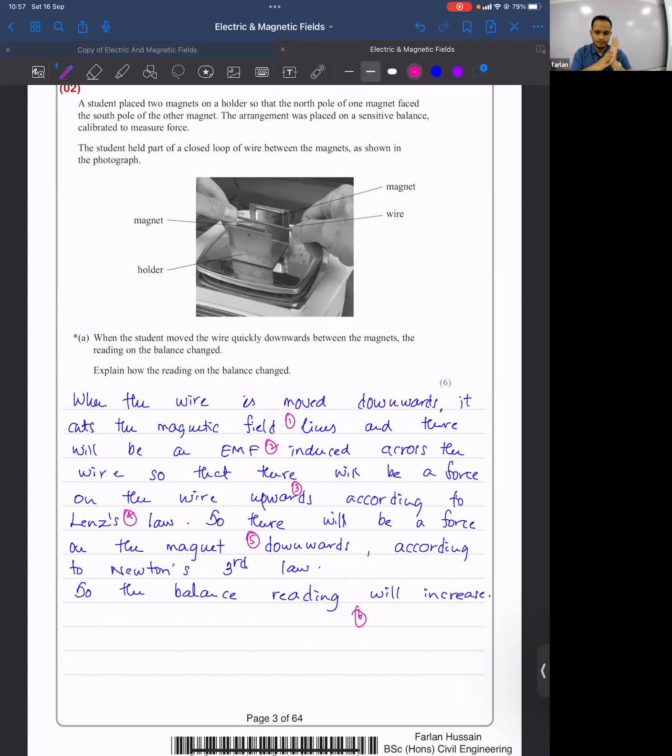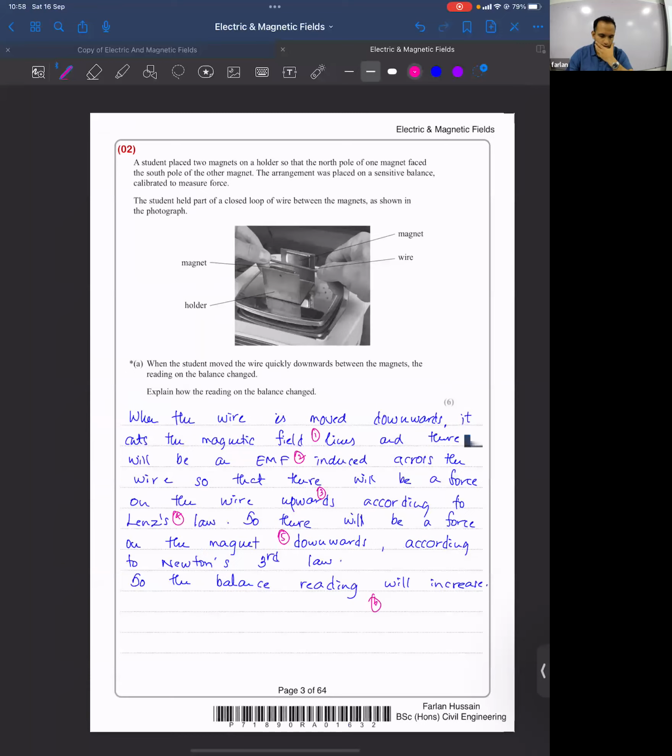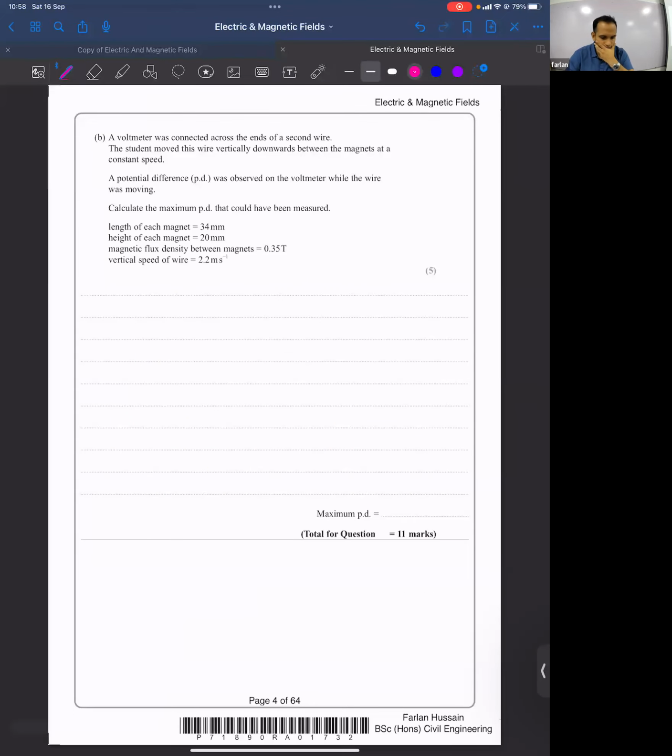Okay. Right. Guys, part B, can you give a try? Part B. You give a try.